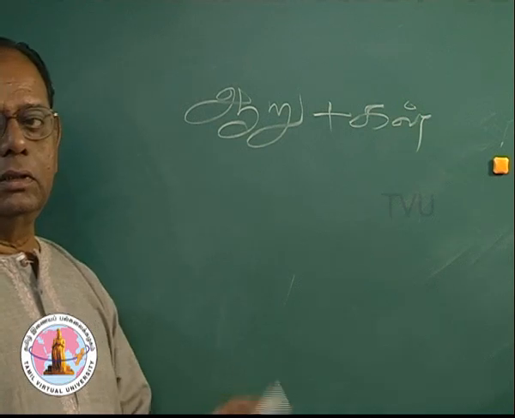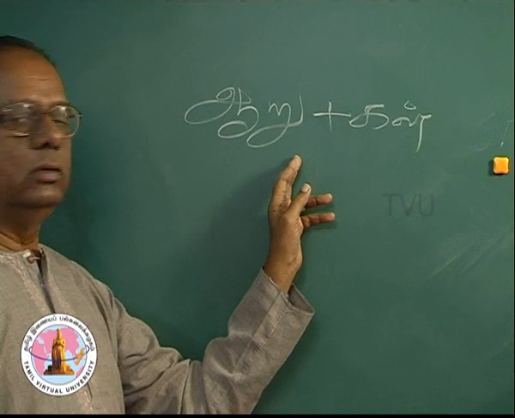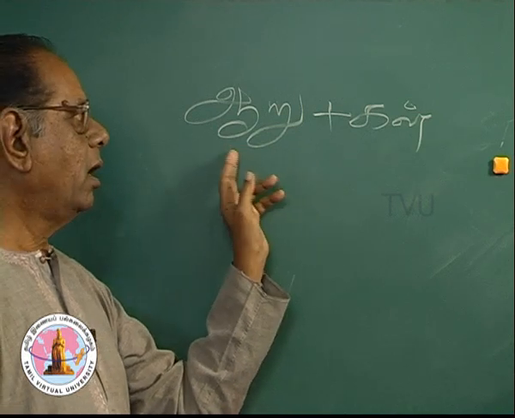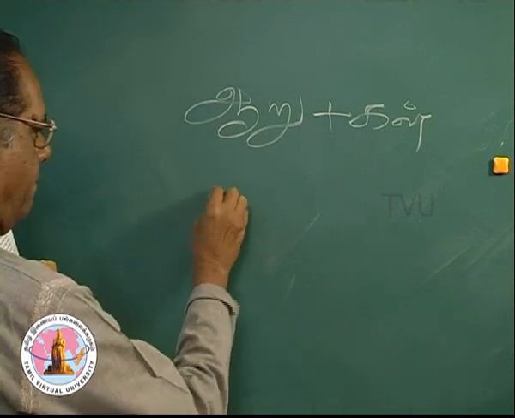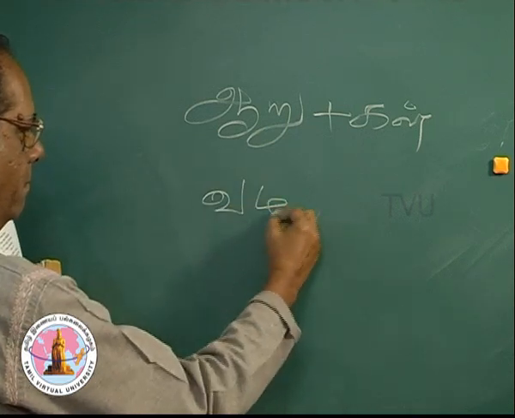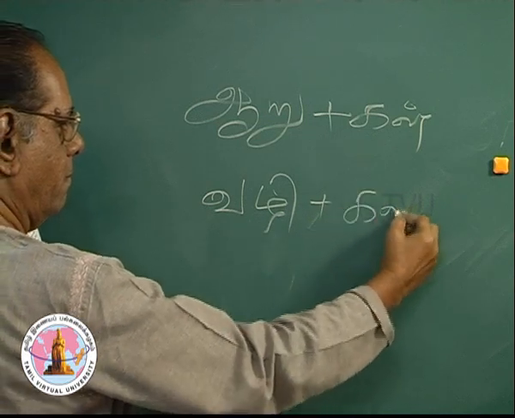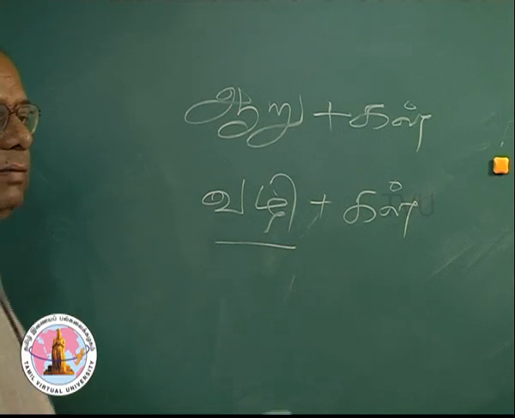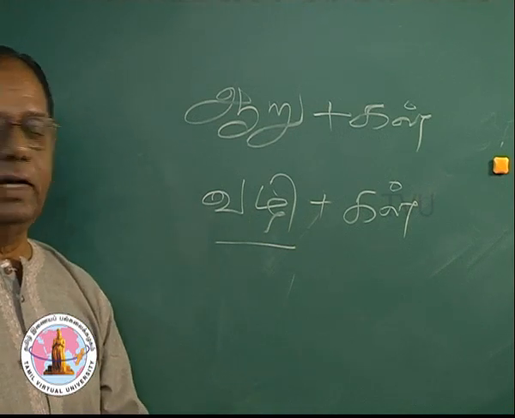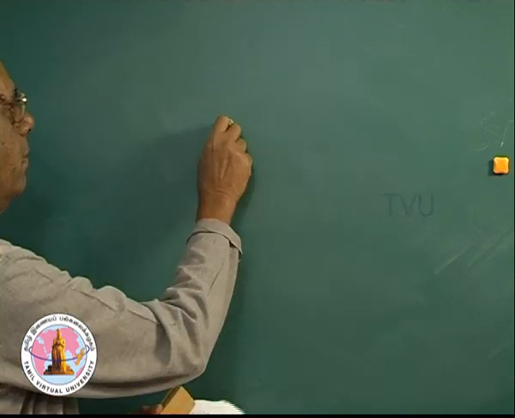Do you remember this word? Aru. Aru is a river. Aru plus கள், ஆறுகள். வழி. Do you remember that word? வழி. A path. வழிகள். Paths.